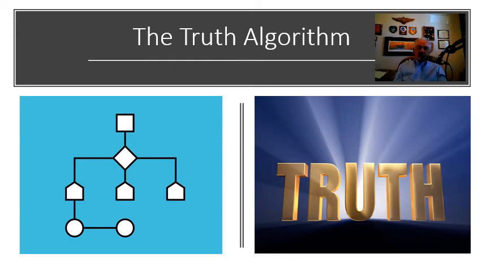Okay, so that brings us to the truth algorithm. Now, in this section here, we're going to be talking about the truth algorithm. Some of the stuff is going to be a little bit technical in nature, but we'll try to make it as easy and as simple as possible. We will be repeating ourselves from time to time to emphasize important points. So just keep that in mind.